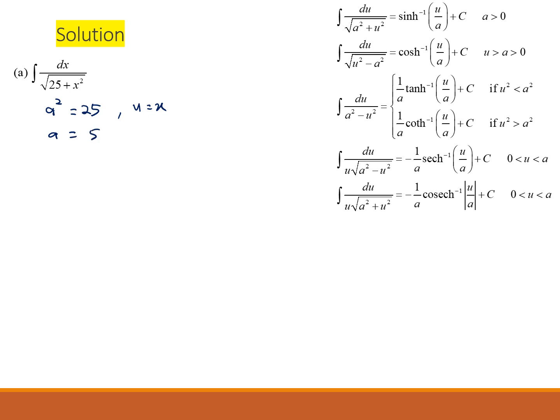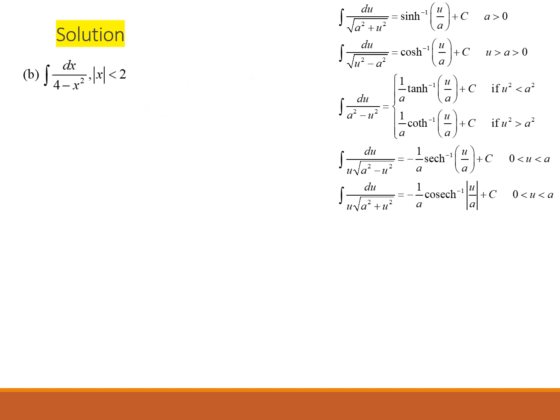Then we just use the formula of the integration, which equals the inverse sine hyperbolic of u, which is x, over a, where a is 5, plus c. So it's just as simple as the inverse trigonometric functions.